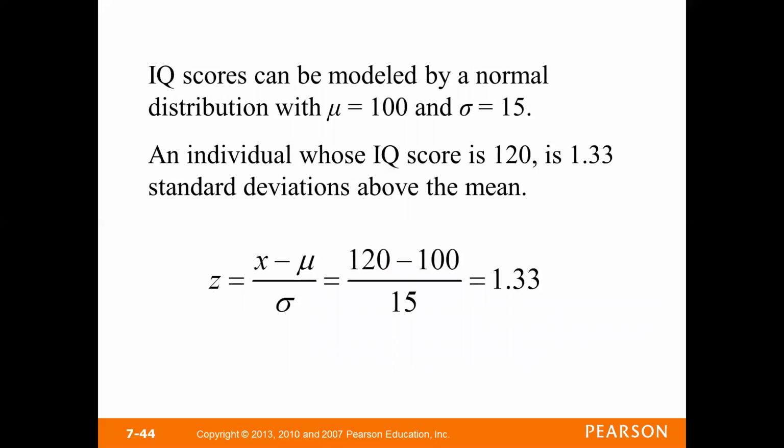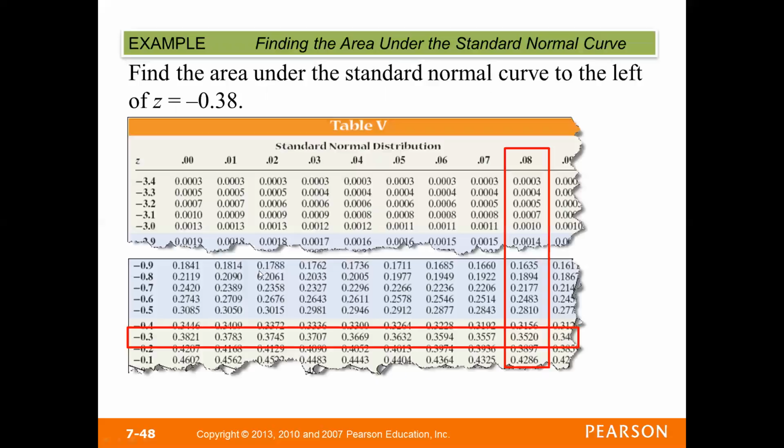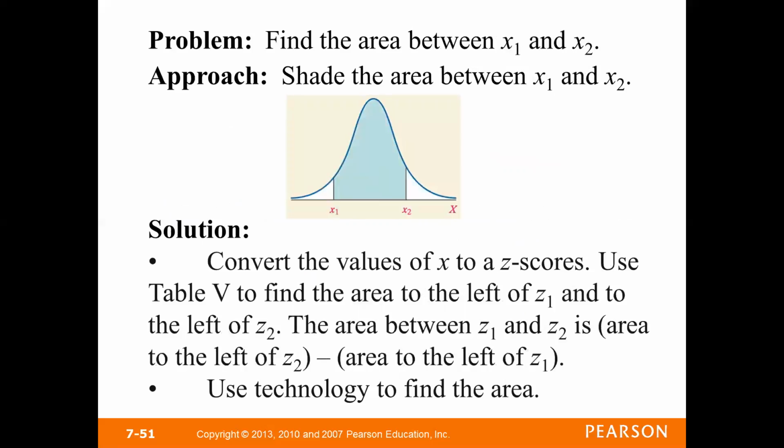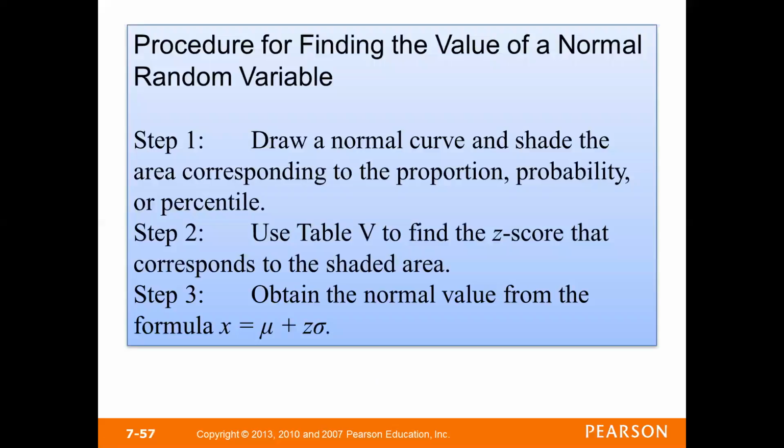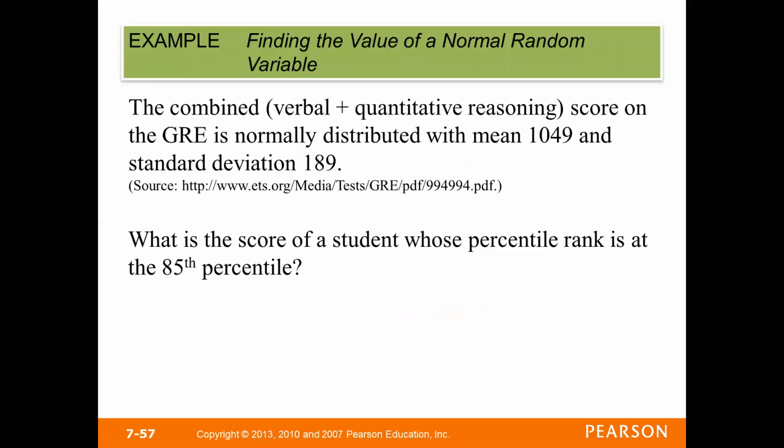The other way we can do it is give you a probability. From that, we can determine a z-score. Knowing the mean and standard deviation, I can work backwards to find a value for x. And the formula for finding that value for x is mu plus z sigma.